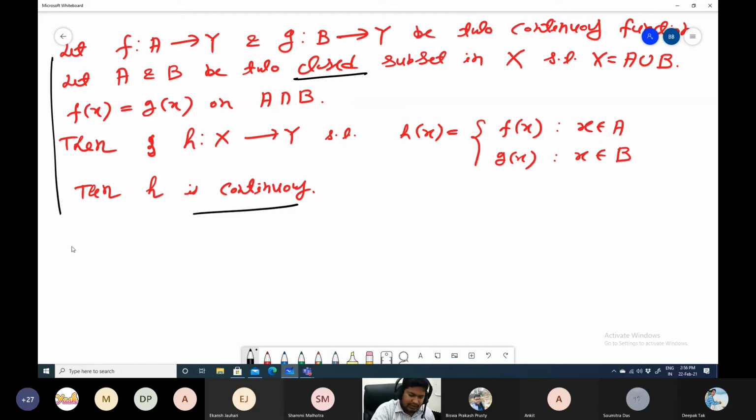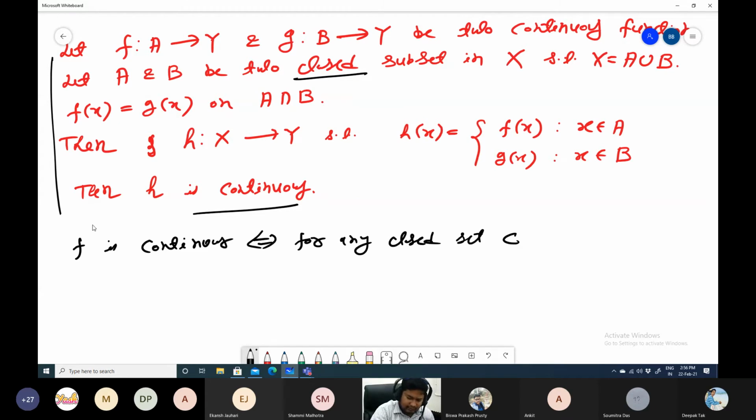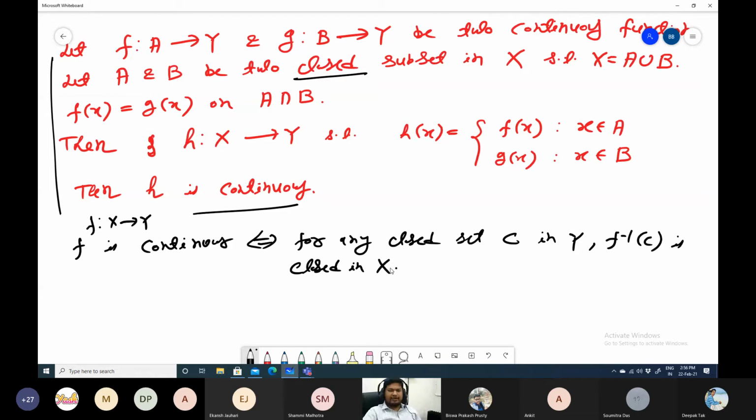Now this one, can you see that f is continuous for any function, if and only if for any closed set C in Y, f inverse C is closed in X, where f is a map from X to Y. So that is the equivalent criterion.